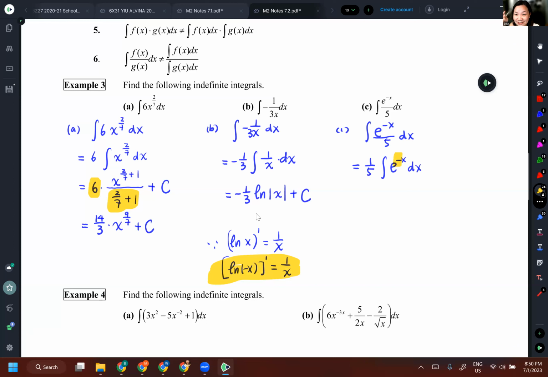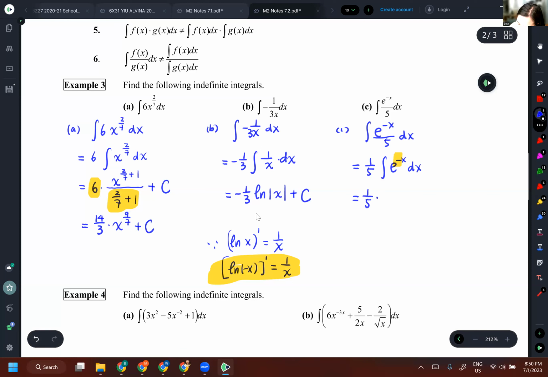This negative sign is inside the index. It's not a constant. It's not a coefficient. So that has to stay. -x has to stay. And then you will use formula E. Okay, and then you're done.